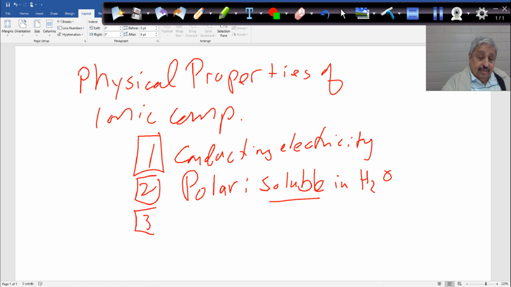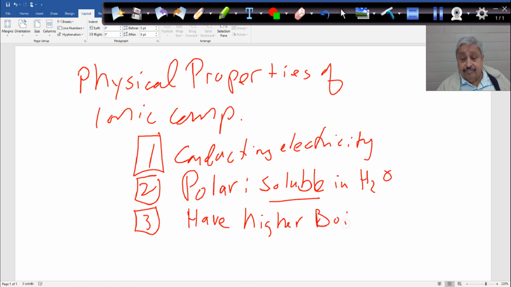And number 3, they have a higher boiling point temperature. If you want to melt them, you really need an oven. Most of them have a very high melting point.